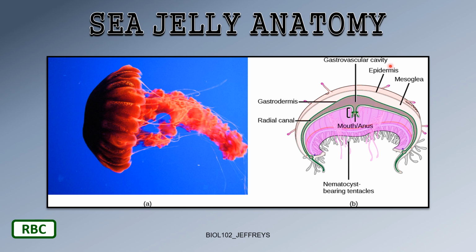So we have epidermis, gastrodermis, and the mesoglea fills the space between. Mesoglea helps to give the animal form. So only two tissue layers here: epidermis, the outer dermis, and the gastrodermis. Okay, pretty cool animal.